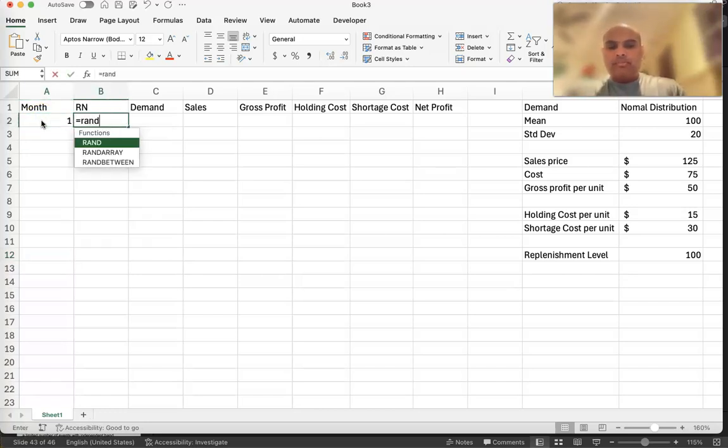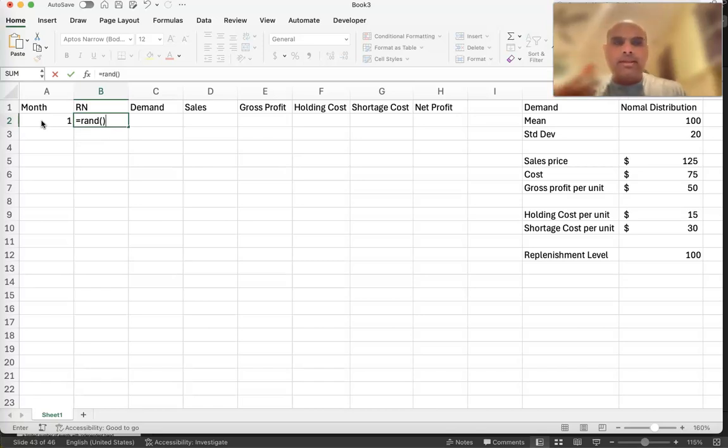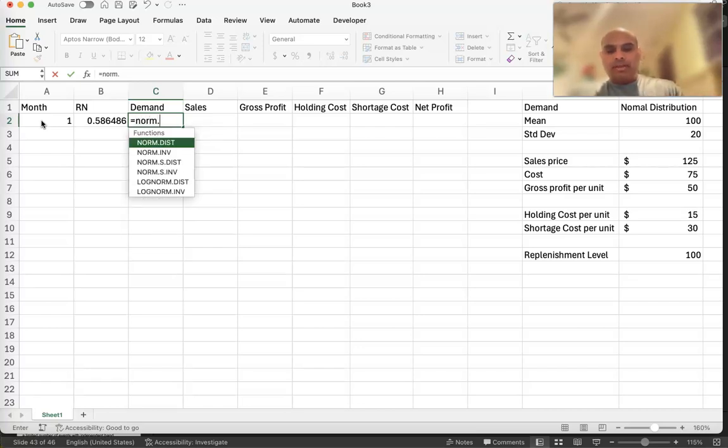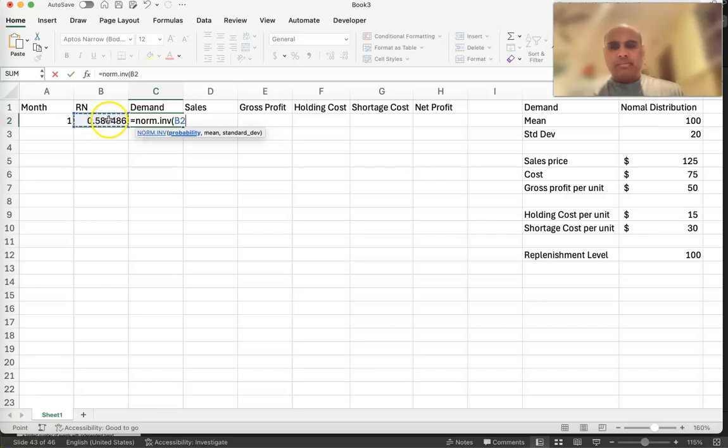Let's generate a random number. You don't have to generate the random number separately. When we write the demand formula, the random number formula can be part of the demand formula itself. But I like to generate my random number separately. Now we write the demand formula. It's the inverse of the normal distribution. Why is it the inverse of the normal distribution? We'll see that in a second. When you do normal inverse, you need a probability number, and that's that probability number.